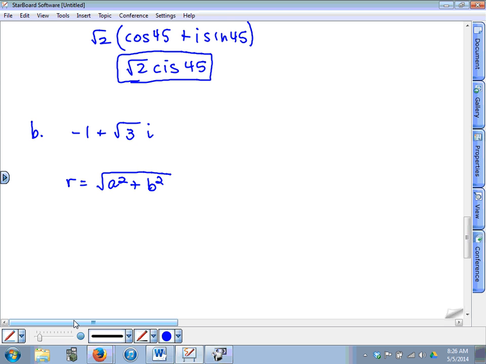Be careful on this one. Ooh, this one actually turns out pretty nice. What do we get for r? 2. You're right, it is 2. You have negative 1 squared plus square root of 3 squared. Negative 1 squared is 1. Square root of 3 squared is 3. 1 plus 3 is 4. Square root of 4 is 2.